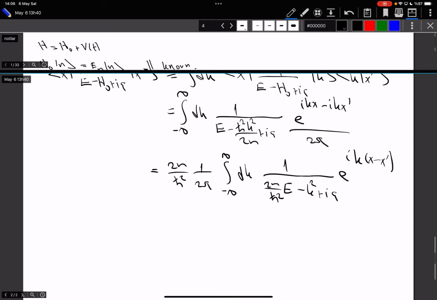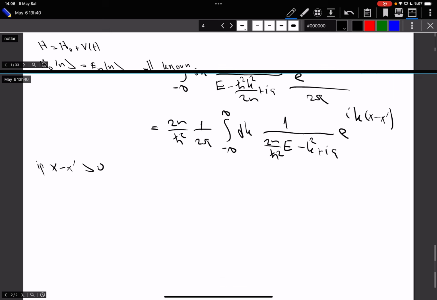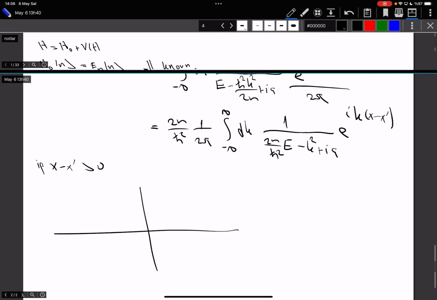Now, we have already discussed how to evaluate these integrals. We just close the contour in the complex k plane; I am evaluating this along the real k line. It has 2 poles, one here and the other one over here in the complex plane.